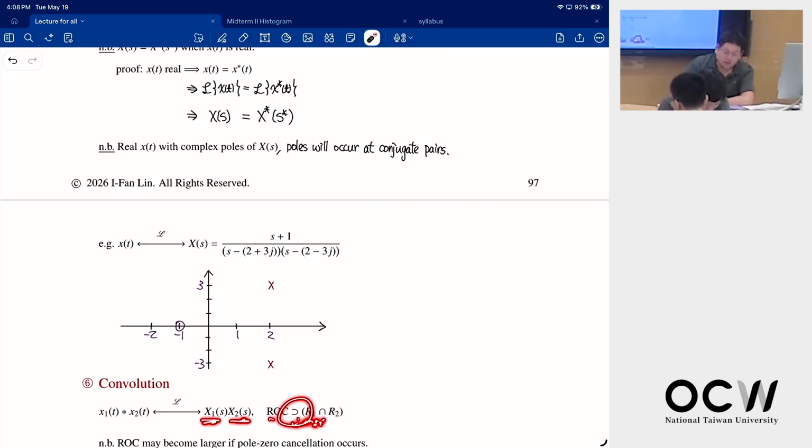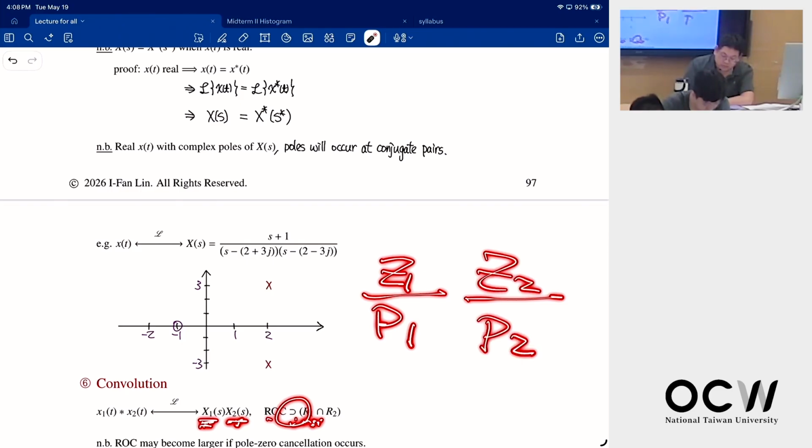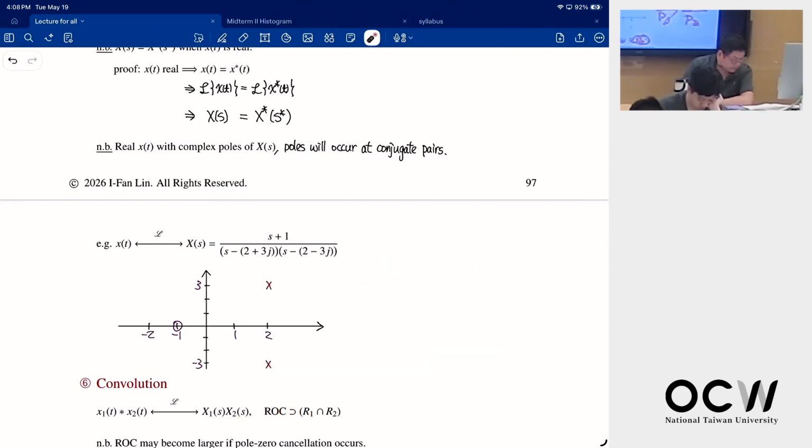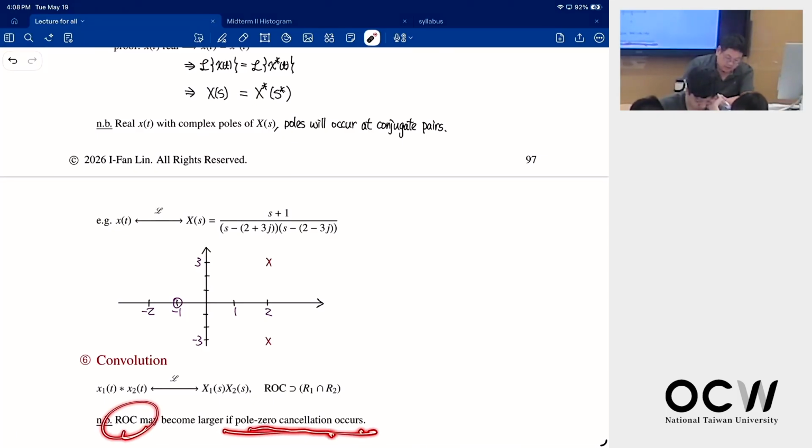When I do the convolution, when I do the multiplication, we have zeros and poles, zeros and poles. Maybe something cancels out. When they cancel, the region of convergence should be bigger than the intersection. So here, if I have a pole zero cancellation, then the region of convergence may be larger.